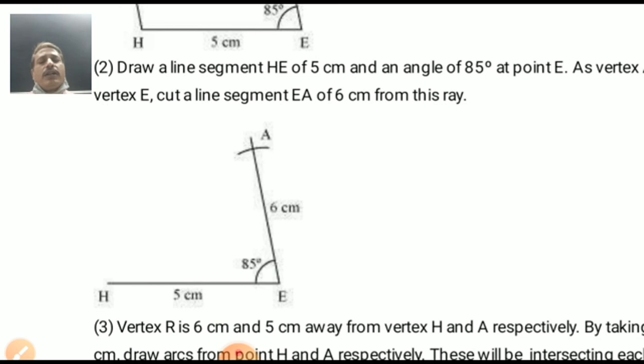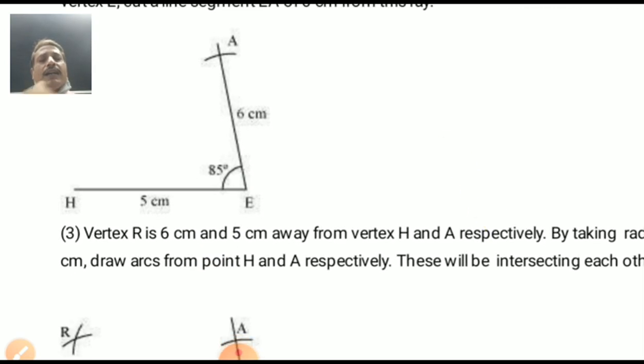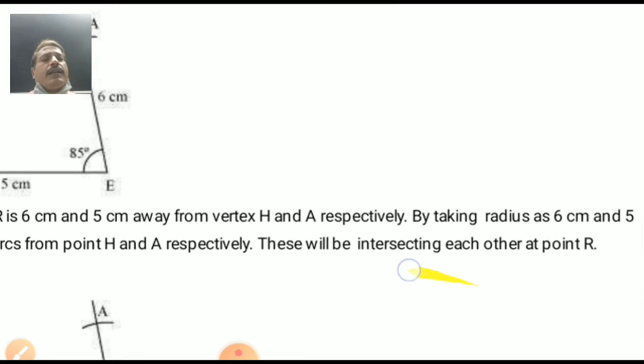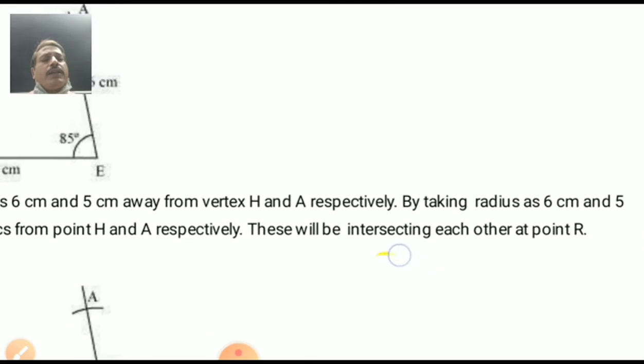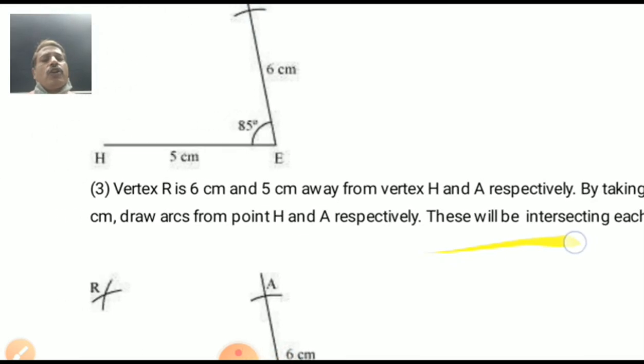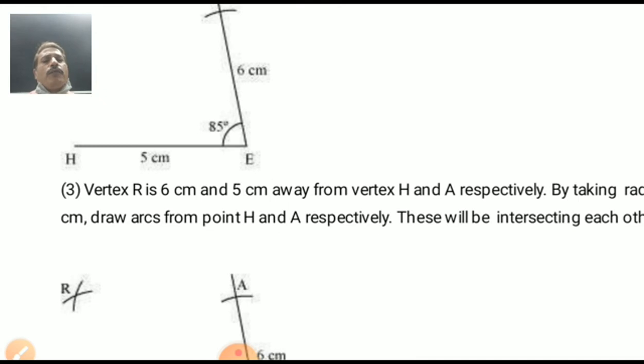Draw an arc and make EA of 6 cm. Third one: vertex R is 6 cm and 5 cm away from H and A respectively. Taking radius as 5 cm and 6 cm, draw arcs from point H and A respectively.